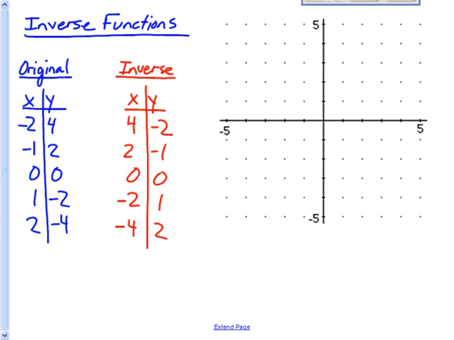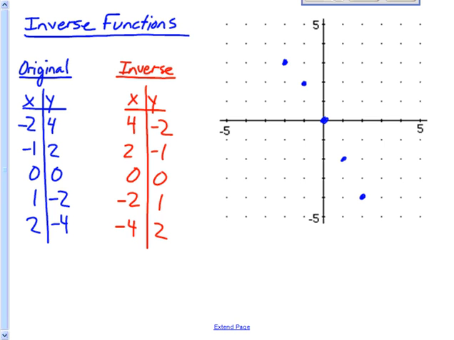So let's put all these points on the graph and take a look at how these inverse relations behave. Let's do the blue ones first. There's our (-2, 4), (-1, 2), (0, 0), (1, -2), and (2, -4) right there.